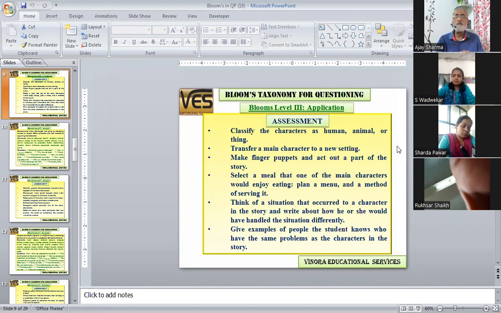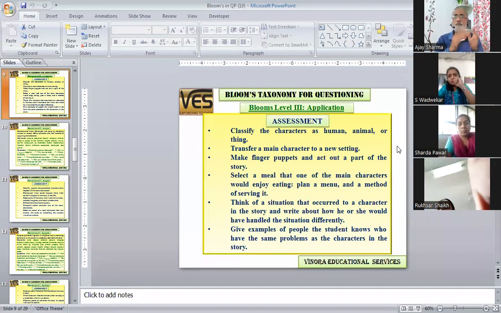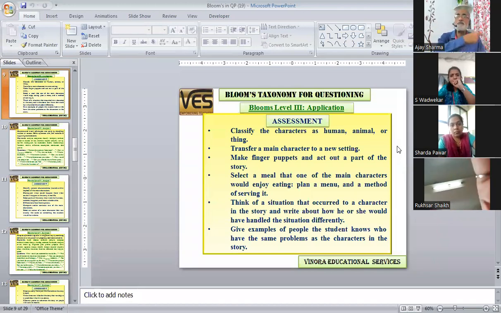These are the 6 levels of taxonomy we will do. If balancing of equation comes, you give just a simple question: balance the given equation. You give an equation and ask for balancing. That means application of the knowledge, the comprehension, understanding the question, comprehending in the mind what the answer can be, what the answer should be.